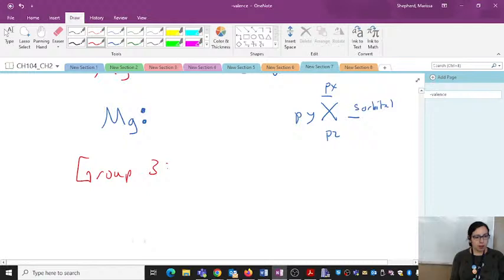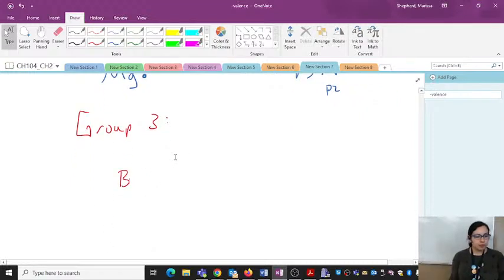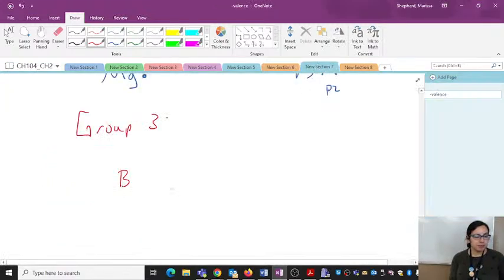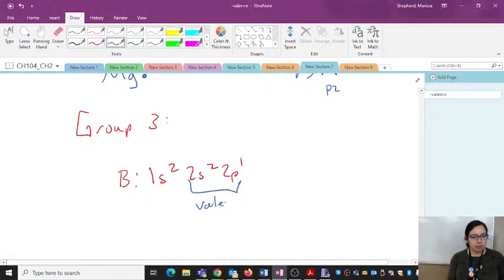So for group 3, there's actually two ways to write this. So boron, I would do this based off of its electron configuration. If we do its electron configuration, 1s2, 2s2, 2p1, and then we're looking at our valence electrons.